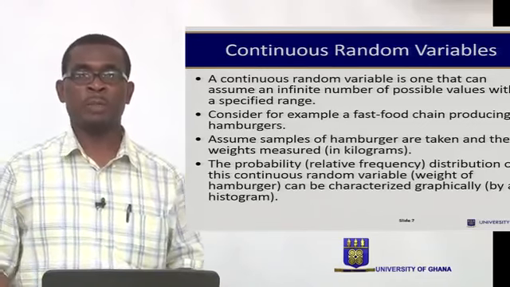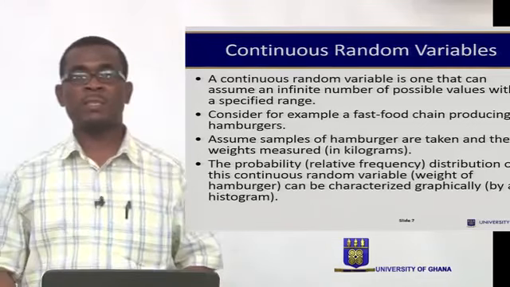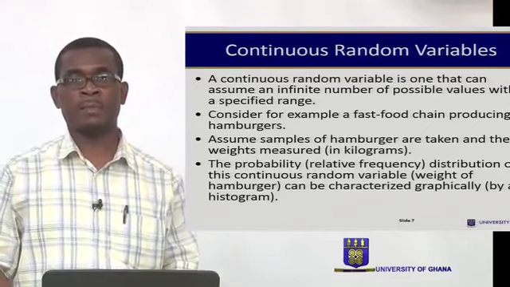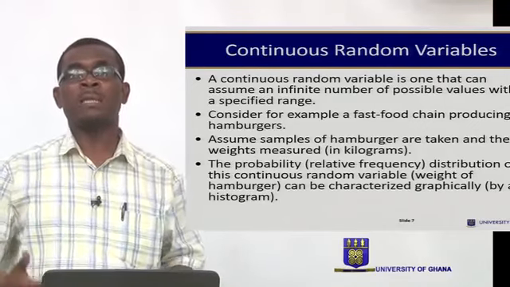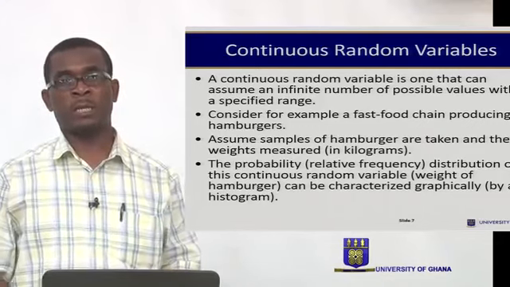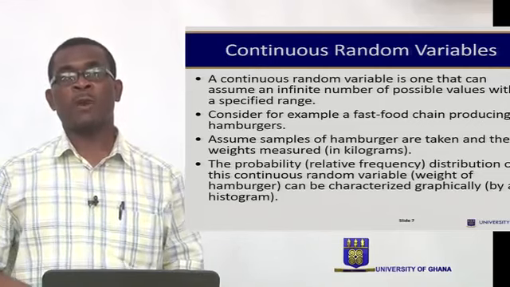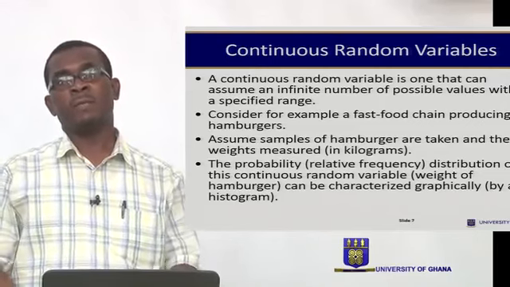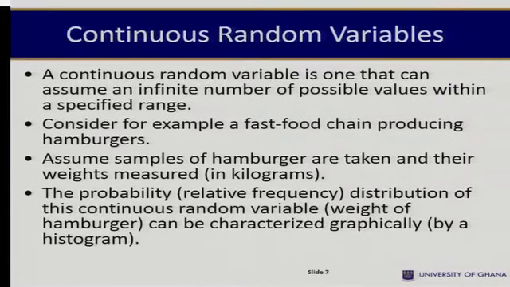So let's assume that a fast food chain producing hamburgers collects data on the weight of its hamburgers measured in kilograms. Now you realize that the chef in the kitchen is going to cut it according to the size required, but sometimes it could be less or more. So when you measure, or let's say a sample of 100 hamburgers, you might not get the same size even though they are priced the same.